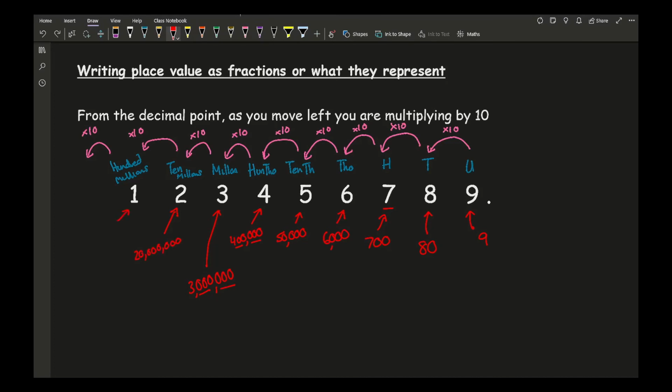And this one would represent 100 million. So if a question asks you to write down the place value of a particular digit, or it's underlined, then this is basically how you would answer. Now, if I was to add up all of these underlined numbers, then I would end up with the number 1, 2, 3, 4, 5, 6, 7, 8, 9. So make sure you understand what questions are actually being asked.